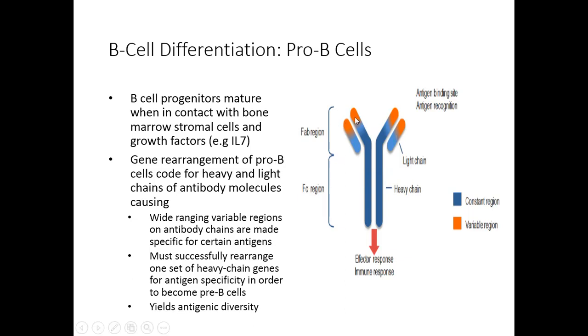And so these heavy chains, these long chains, and these light chains are different. So these are the mu chains, and these light chains are just smaller chains. When we get to the pro-B stage, they're not going to be in their final form. We'll talk about that in a few minutes.